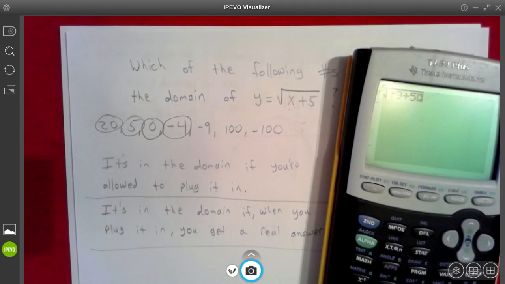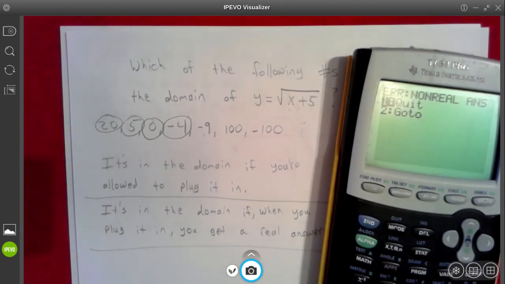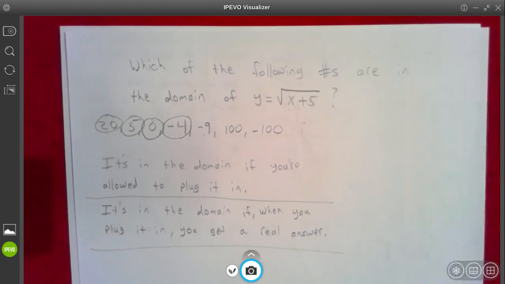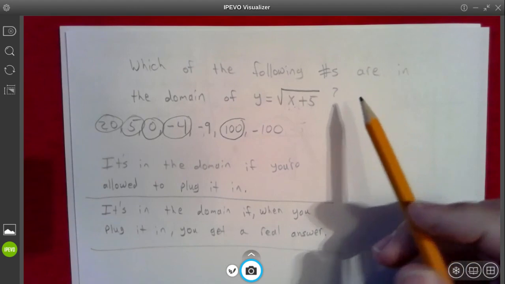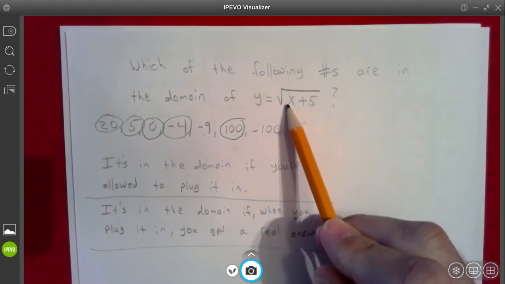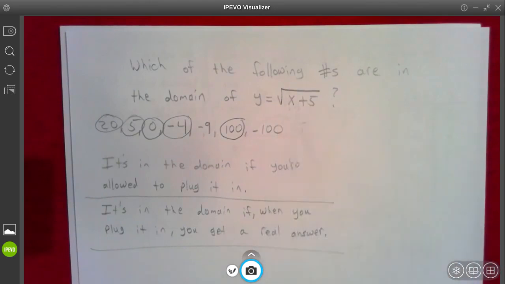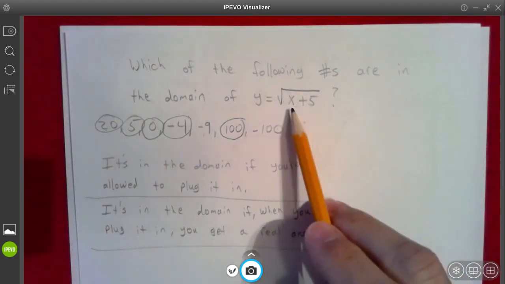That's going to give us an imaginary, non-real answer. So negative 9 is not included in the domain. It's one of those numbers that we cannot plug in. 100 is fine. You get a really big number under the square root. Negative 100 is not okay because you get negative 95, and you can't do the square root of negative 95.